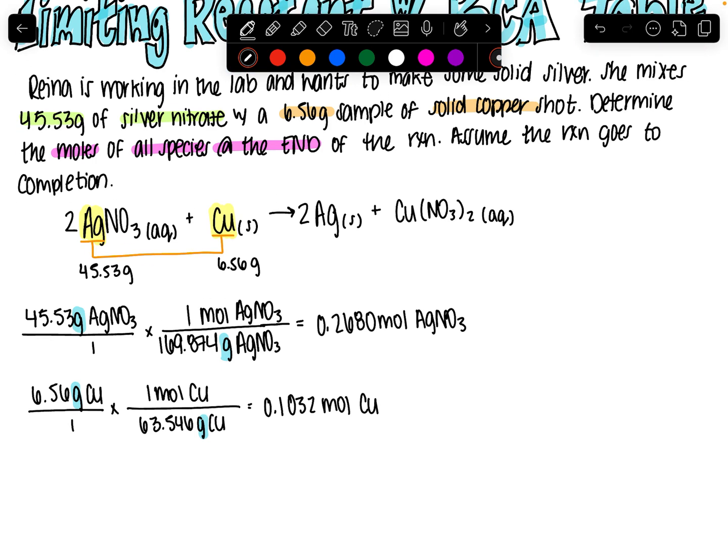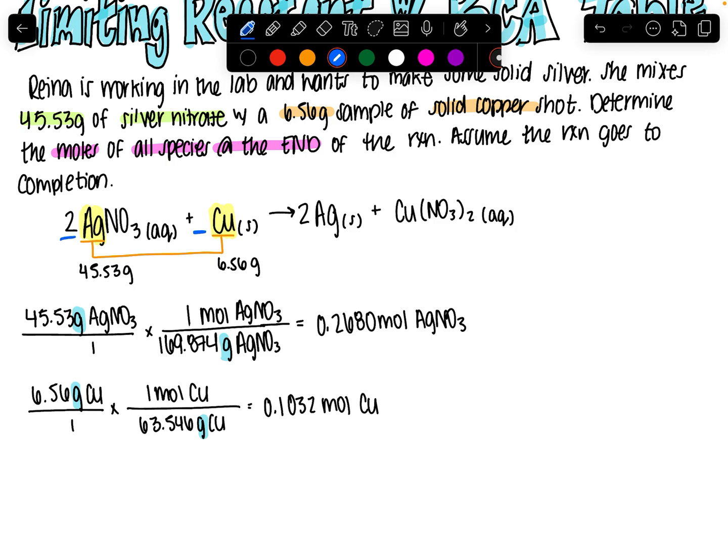All right, so now we stop and ask ourselves, what's our mole ratio? How much of each of these substances am I going to use every time this reaction runs? If I look back up at my balanced chemical equation, I need 2 moles of silver nitrate for every 1 mole of copper every time this reaction runs. So I can't just leave my moles the way they are to compare them. I have to compare them according to the mole ratio, how much I'm going to use every single time.